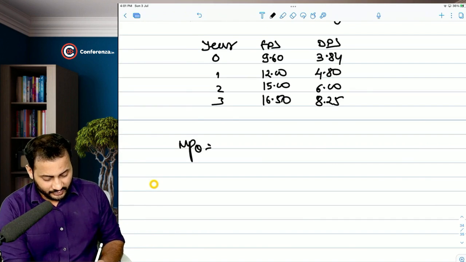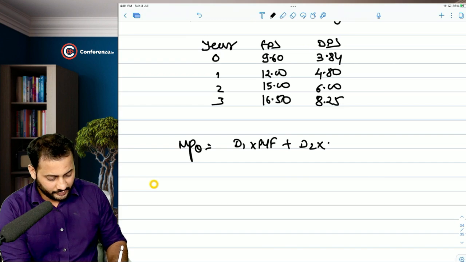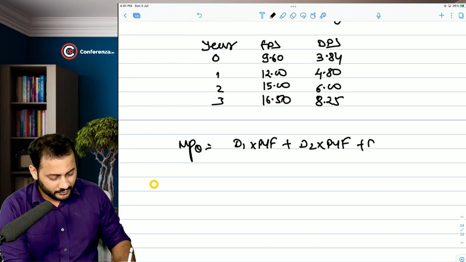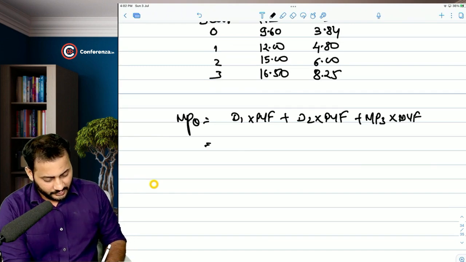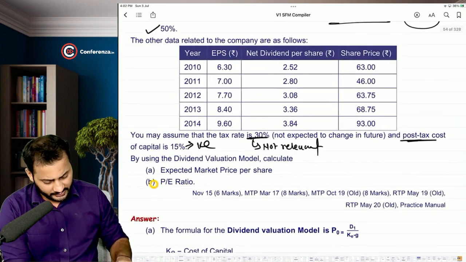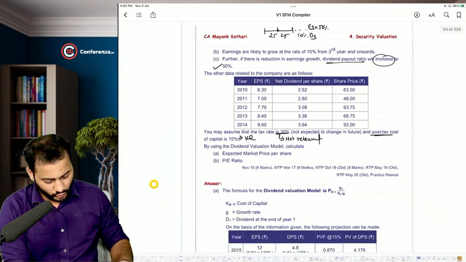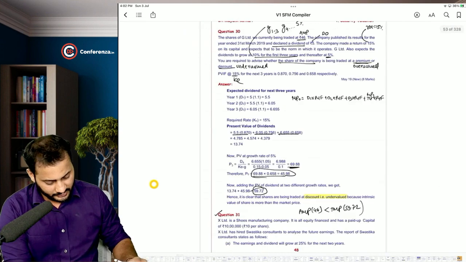Market price 0 is equal to D1 into present value factor plus D2 into present value factor plus MP3 into present value factor. Again, D1 is 4.8 into, I think present value factors are given to us. No, they have not been given in this question.